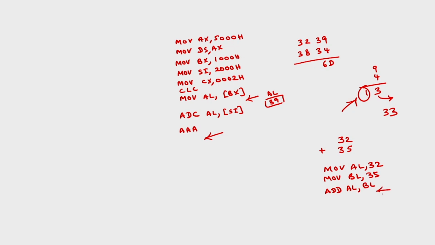So that what will be there in AL here? 67. If I write instruction AAA, so what is correct? This is ASCII corresponding to 2. This is ASCII corresponding to 5. So 7. ASCII of this one is 7. So after this what happens is AL will be containing 07, which is unpacked BCD. This is called unpacked BCD.